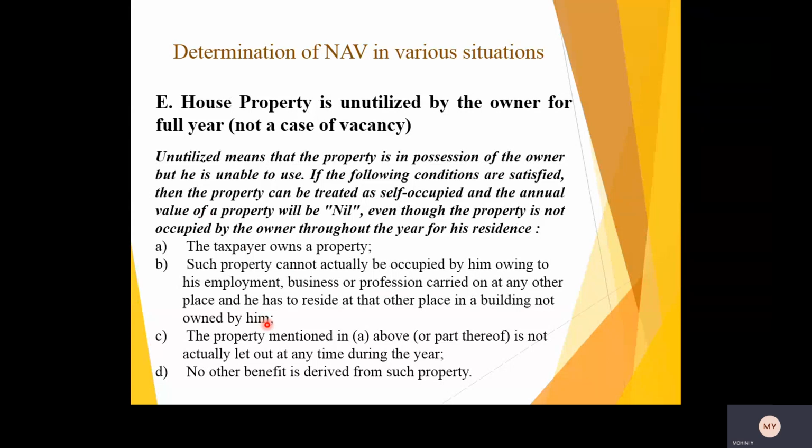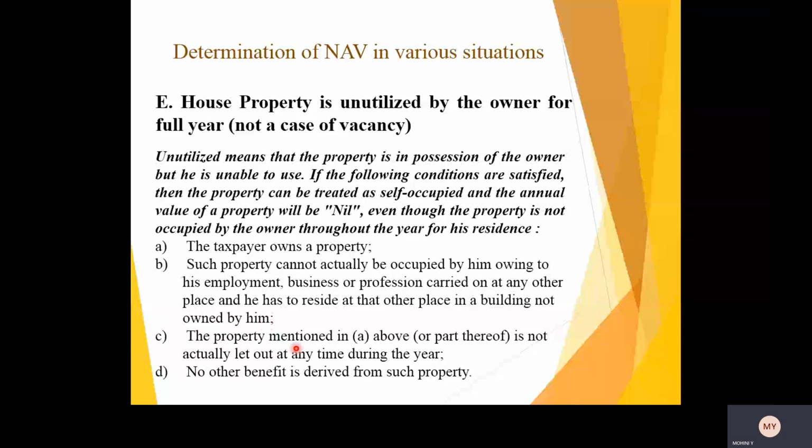Means, due to his employment, business or profession, he has to live in a city where he is actually paying rent. But he has a property in his native place or some other place, and he is not able to utilize it because due to his employment, profession or business he has to stay in a different city, and he is actually paying rent for that.